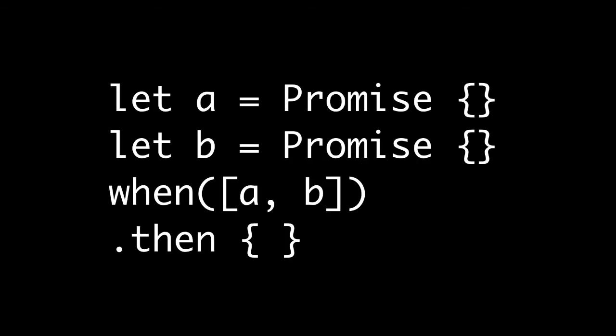The other thing that you can do with most promise frameworks is group them. So you have two promises that have to do something in two different ways, two different asynchronous operations, and you can just say when A and B are both done, then we can go do something. A might take forever, B might not take so long.